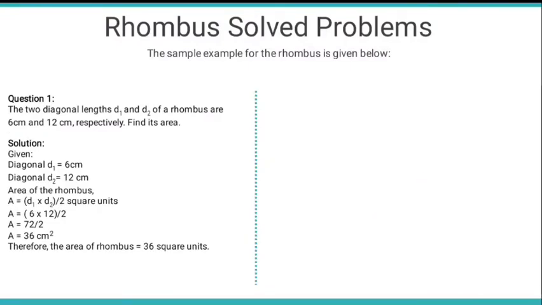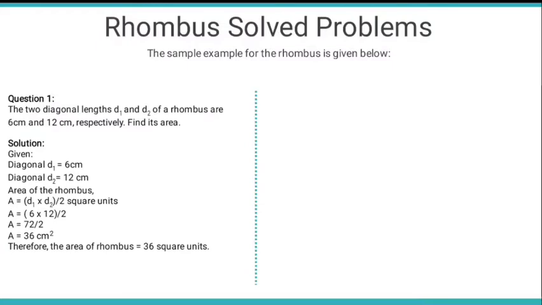So the solution: given diagonal 1 is 6 cm and diagonal 2 is 12 cm. To find the area of the rhombus, we can use the formula A equals d1 times d2 divided by 2 square units.